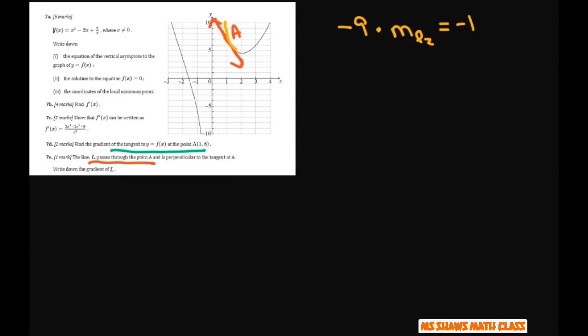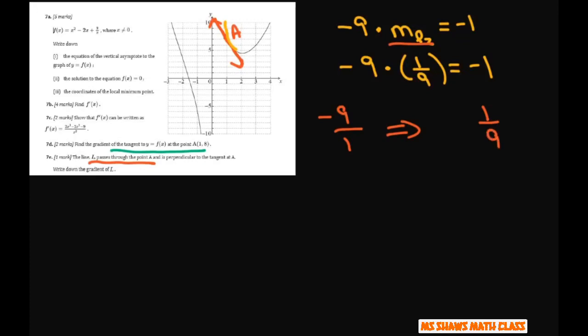So basically what we're doing is taking negative 9 times 1/9 equals negative 1. It's called the negative reciprocal or opposite reciprocal. We take our negative 9, do the reciprocal, and then negate it. So two negatives make it now a positive.